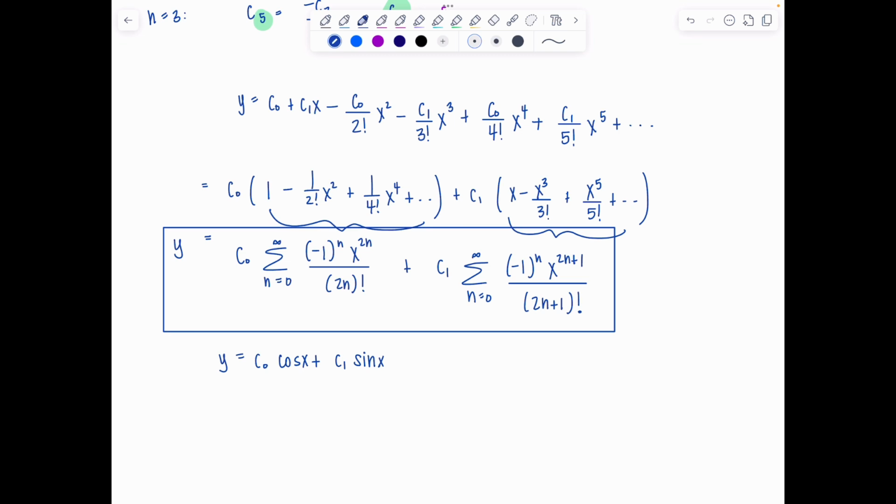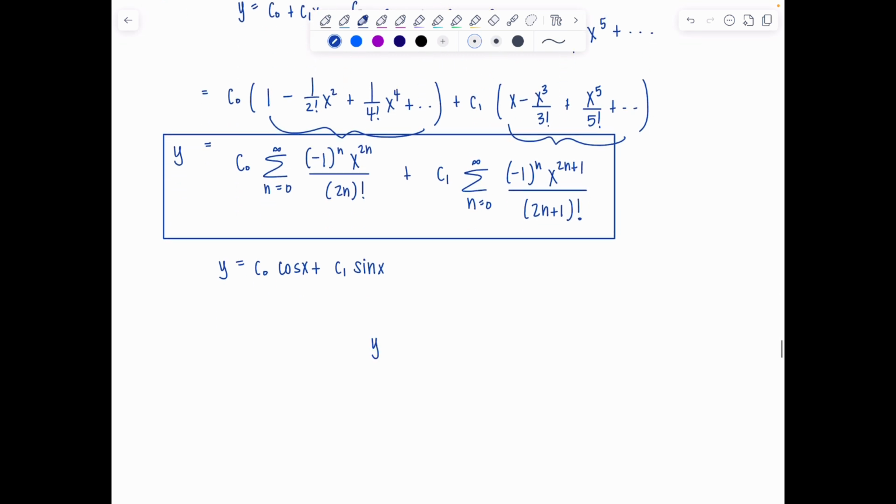Oh yes. And remember our original differential equation, it was second order, homogeneous with constant coefficients. You could just solve it by finding the characteristic equation, m equals plus or minus i.